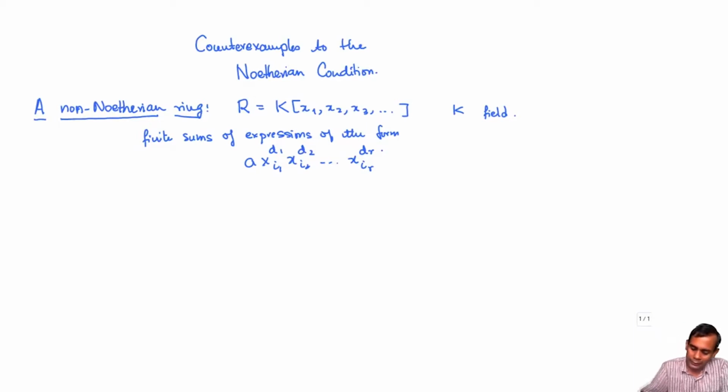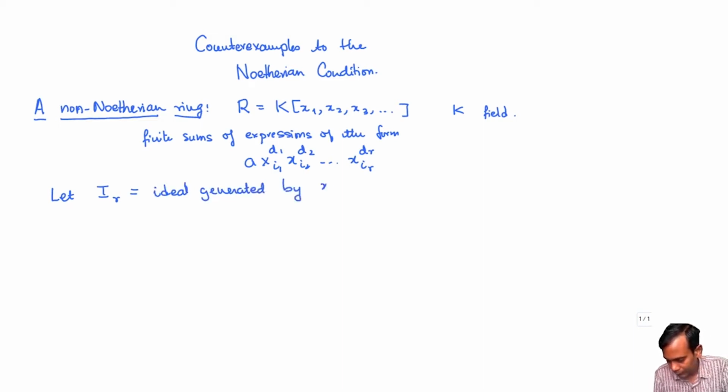Now this ring is non-Noetherian because you can construct a strict ascending chain of ideals. Let Ir be the ideal generated by x1, x2, up to xr.